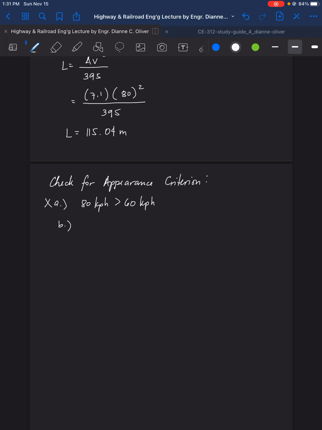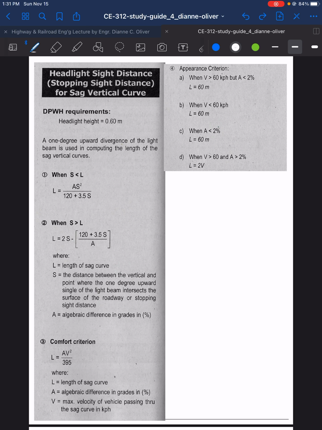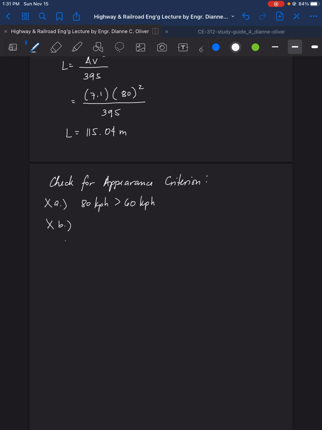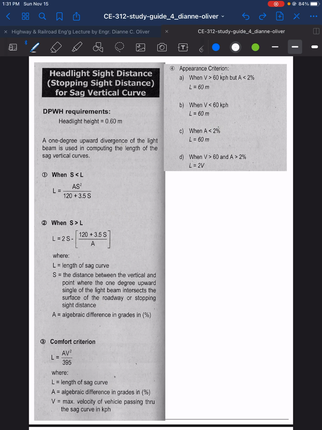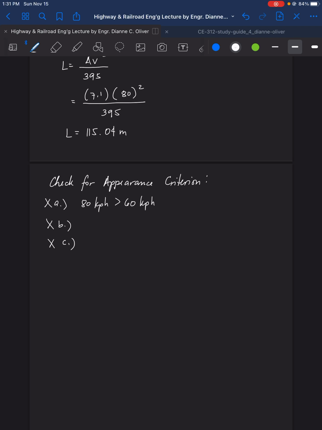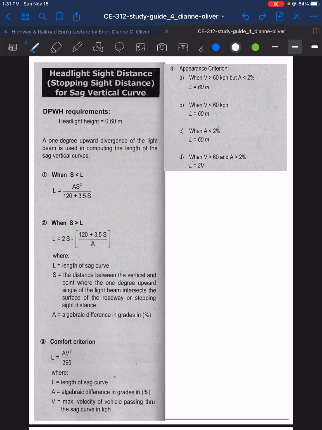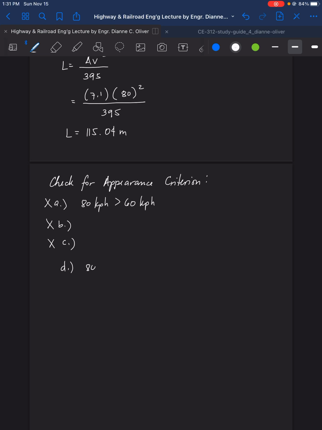Let's go for B. B is when V or design speed is less than 60, but our design speed is 80, so we will not be using B. Let's go to C. C is when A is less than 2%, but our A is 7.1, so we will not be using C. Let's go to D. D is when design speed is greater than 60, so yes, it is.